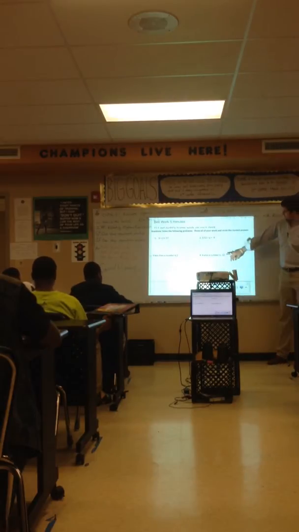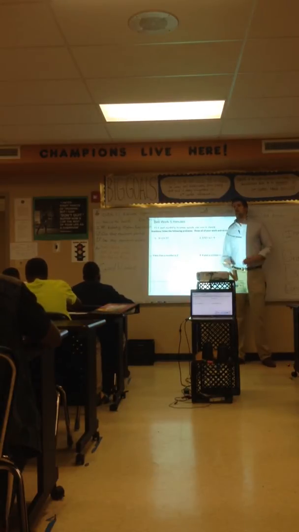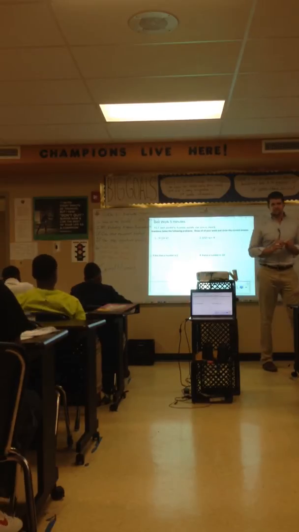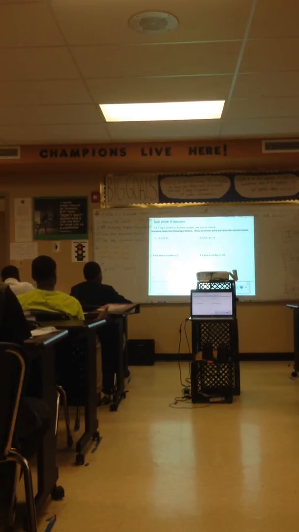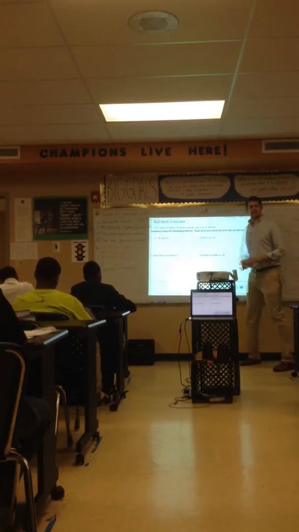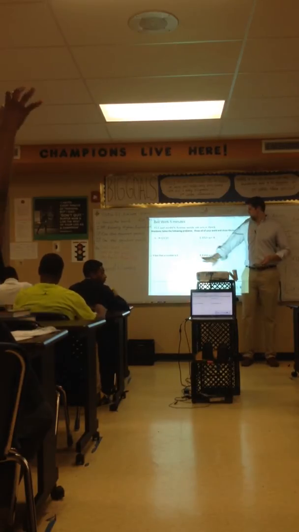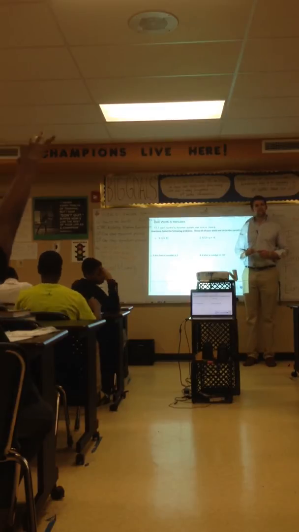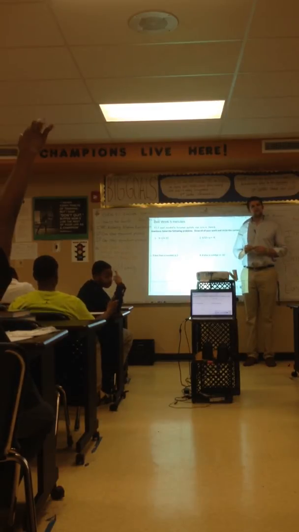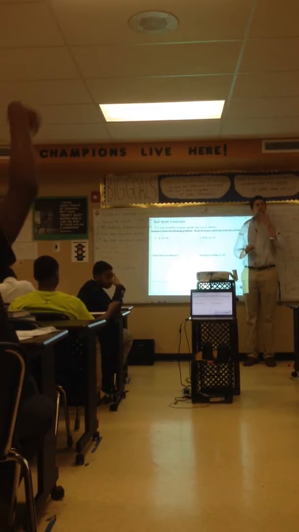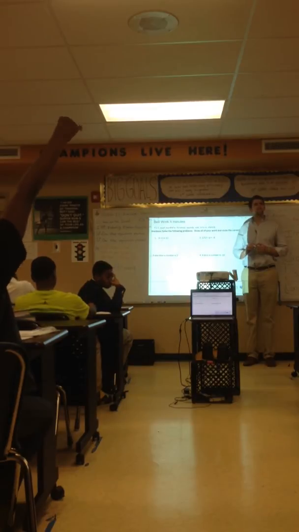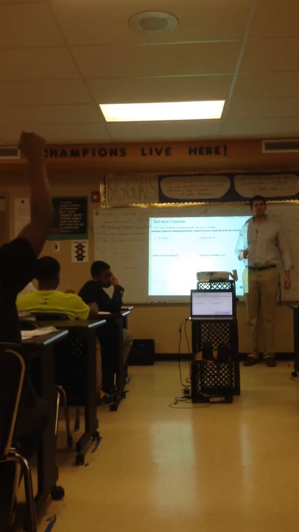I'm also going to do number 3. Read it for me, Winston. 9 less than a number is 2. Jai, how am I going to set this up, please? What variable would you like me to put down?